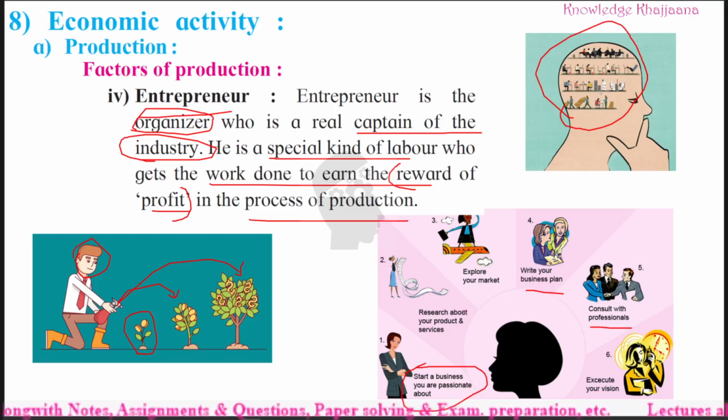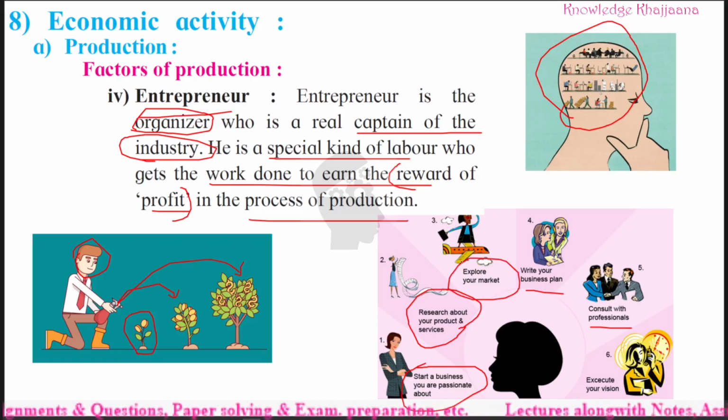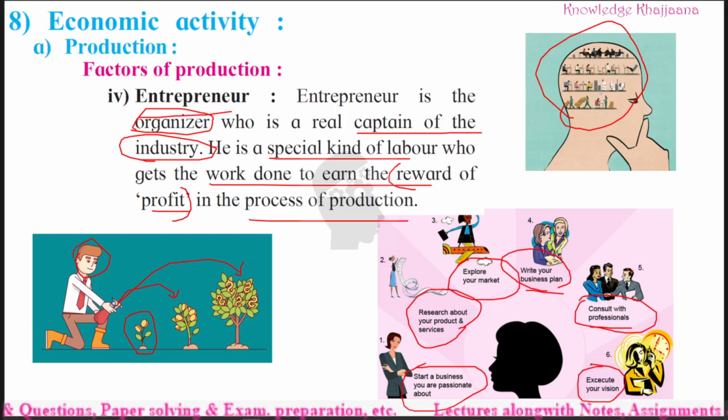Then he will research the products and services, in which field he should start his business. Then he will explore his market, in which market he can send his goods and services. Then he will write his business plans, take consultation and advice from different professionals, and execute his own vision. Then he will grow his business.